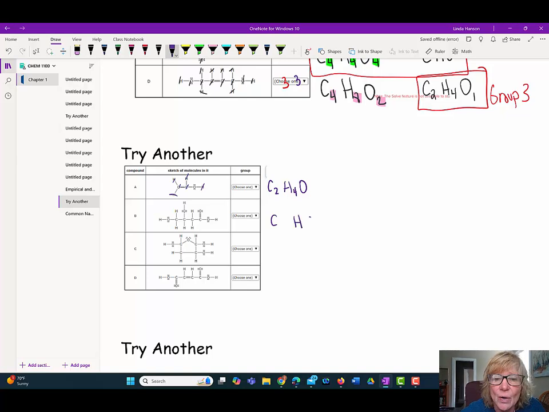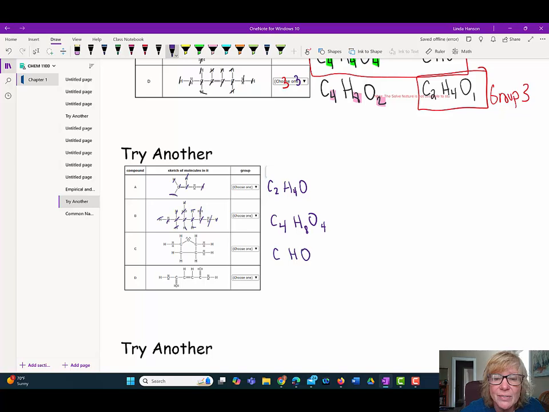C's, H's, and O's. Let's count in compound 2. 1, 2, 3, 4 carbons. And let's do H's next. 1, 2, 3, 4, 5, 6, 7, 8. And how many oxygens? I see 1, 2, 3, 4.